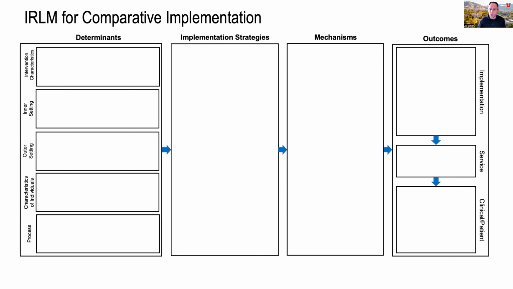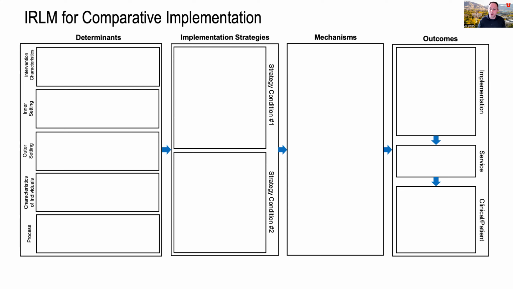So in this case, quite simply, you may specify, here are the implementation strategies that comprise strategy condition 1 or arm 1 in a randomized trial versus those in strategy condition 2. And in this particular case, the independent variable in this study design is the implementation strategy packages. And so really demonstrating the difference between those two will help demonstrate both the theory behind why one might be superior to the other, but also help interpret the findings.